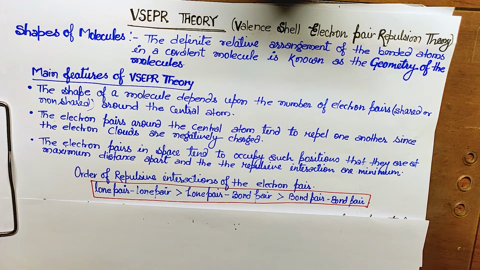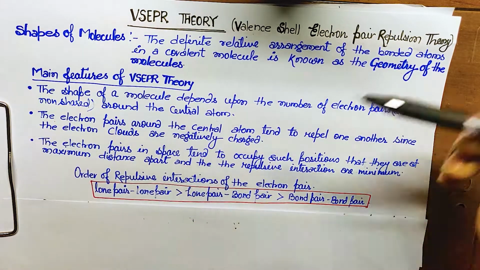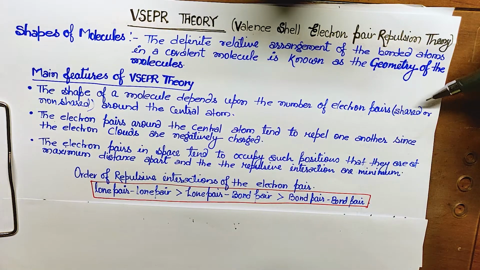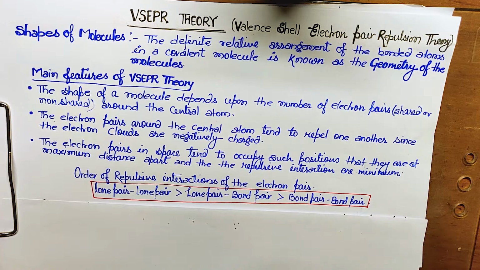So what are the main features of this VSEPR theory? According to this, the shape of the molecule depends upon the number of electron pairs, shared as well as non-shared. That means the bonded pairs as well as the lone pairs of electrons around the central atom.